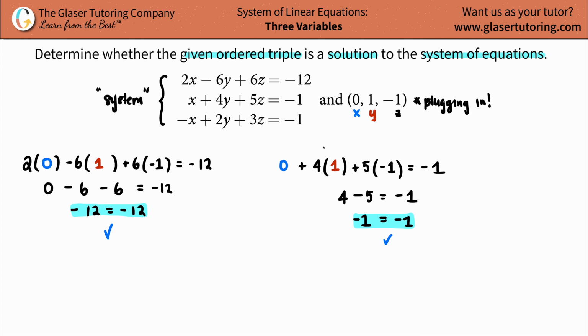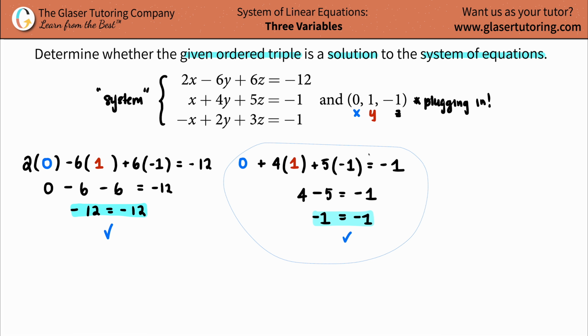Now let's just make sure that the other one is good. So we're doing the last equation. So we have negative x, and x was 0, so I'm just going to put a negative 0 in there. Plus 2 times y. Y was a 1. And then plus 3 times z. Z was a negative 1.